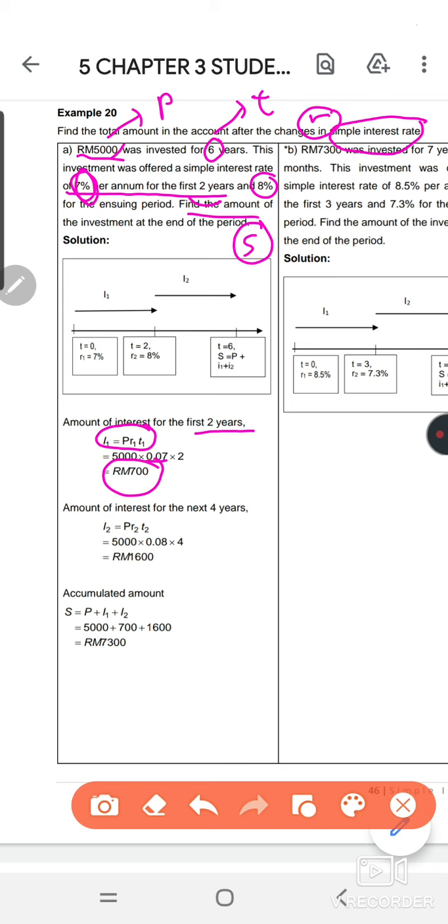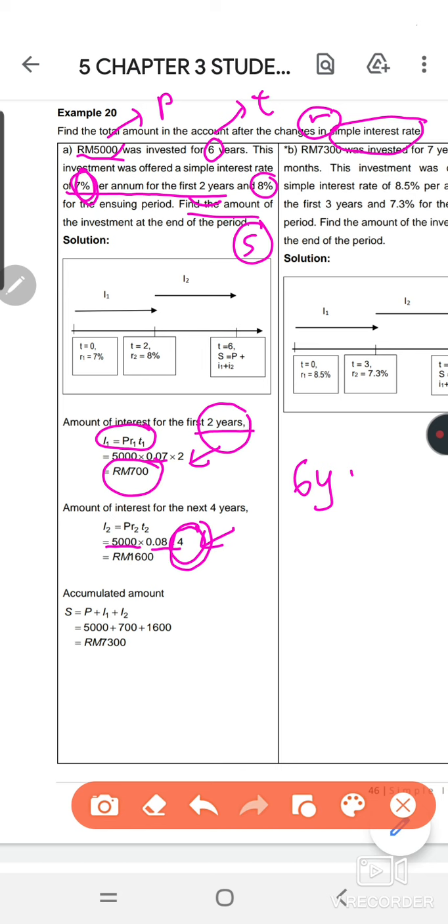Okay, next we still use I equals to PRT. P kita still sama 5,000 and then R dah berubah kepada 0.08 and then multiply by 4 years. Okay, sebab apa multiply by 4 years? This one because we was invested for 6 years. Maknanya kita buat simpanan selama 6 tahun. So kalau kat sini first 2 years, maksudnya tempoh dia adalah 4 tahun lagi.